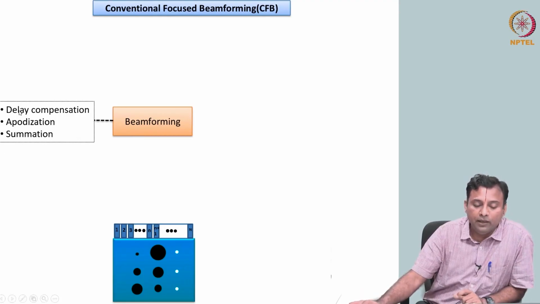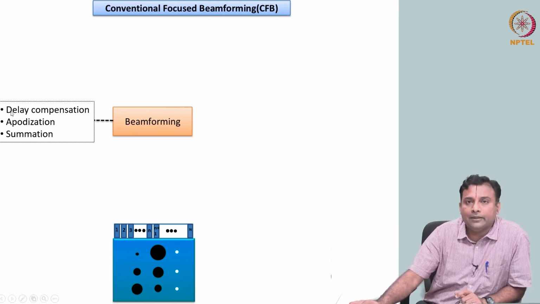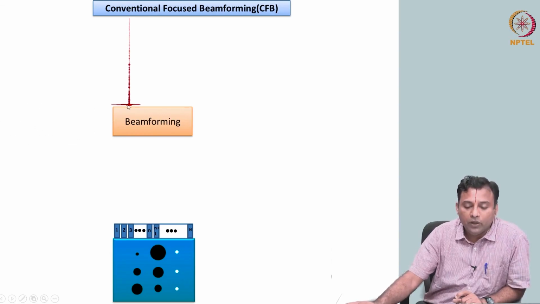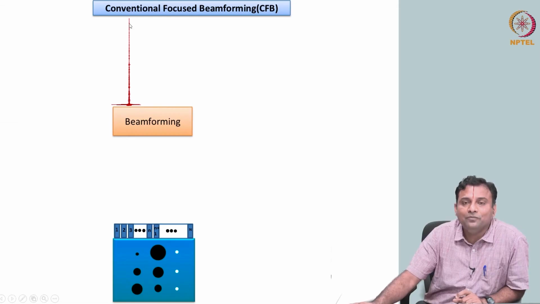This is a typical DAS beamformer, which is there in 90-95% of your ultrasound scanners: delay compensation, apodization, summation. Do that, and you get one line which is aligned to the center of the active aperture.